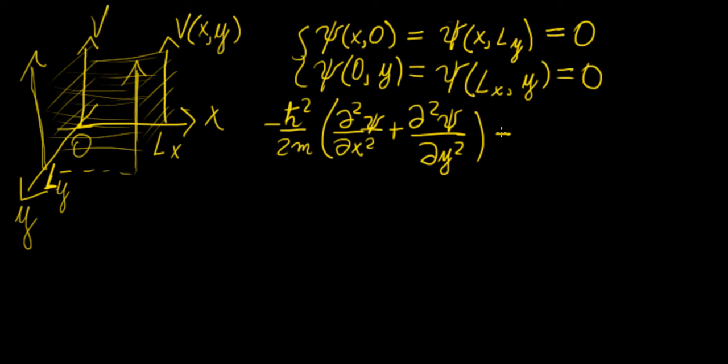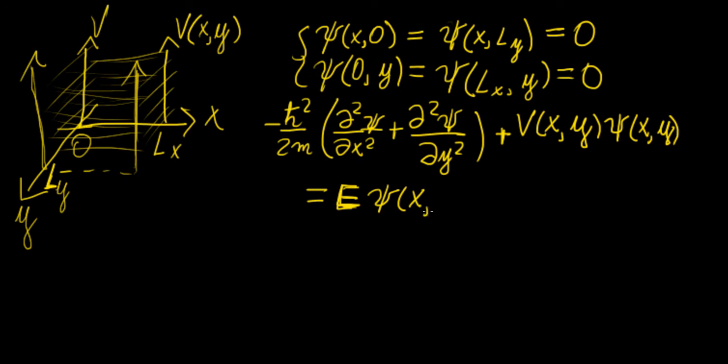And now we're going to have plus our potential V(x,y), and this is going to be equal to the energy times the wave function of x and y. Now remember, because this is the time-independent Schrödinger equation, whatever values we find here for a wave function, the eigenvalues of that equation are going to be the energy levels.